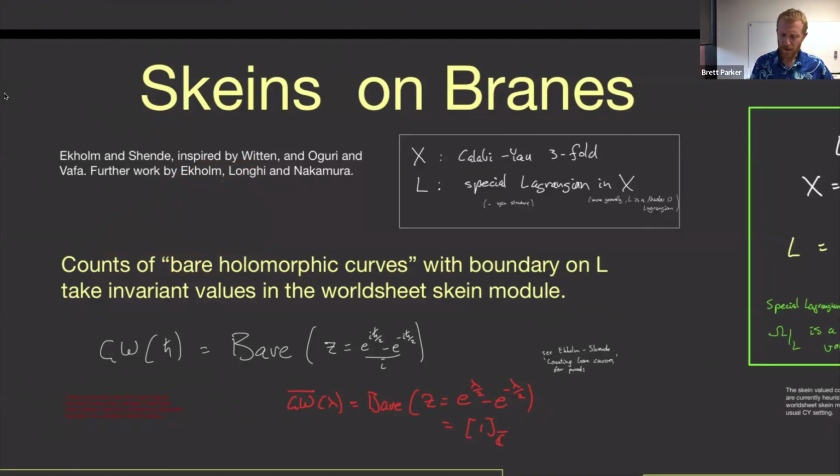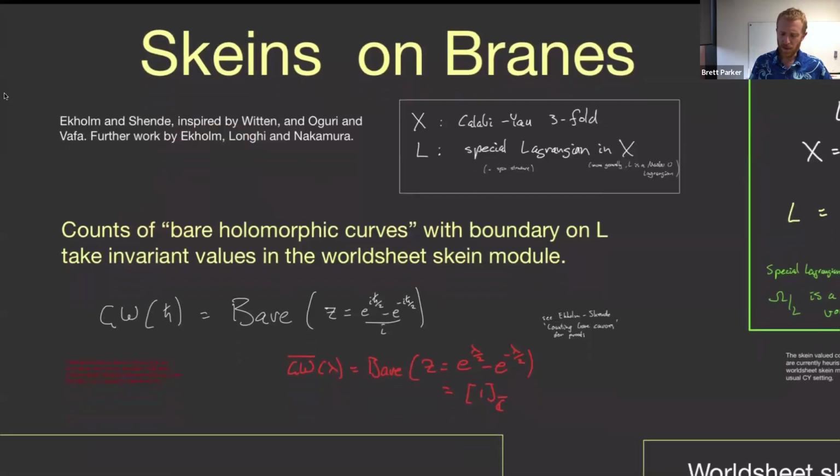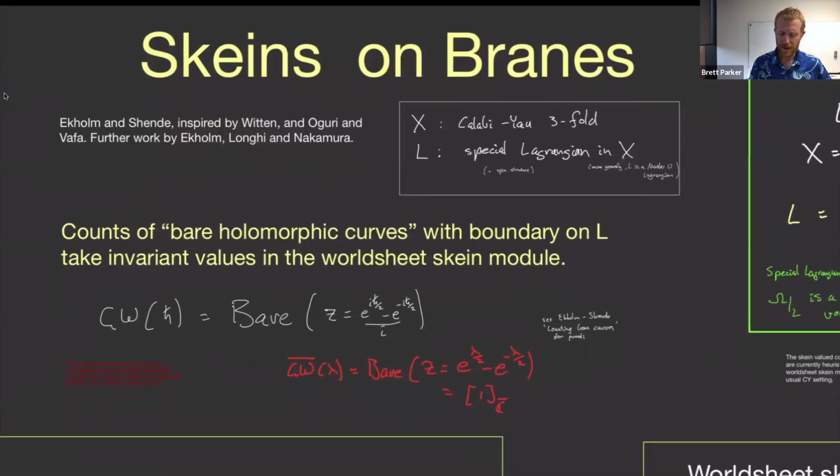I want to count using Gromov-Witten type of counting, where those do count, basically because for these bare curves, I don't know how to prove a gluing formula, a tropical gluing formula.